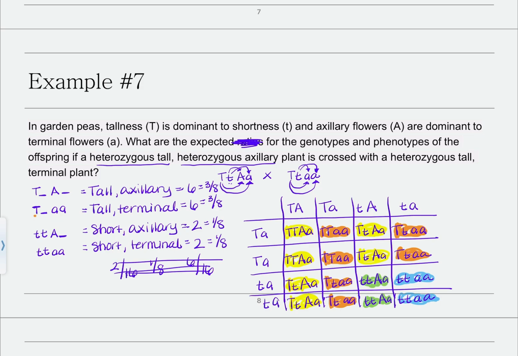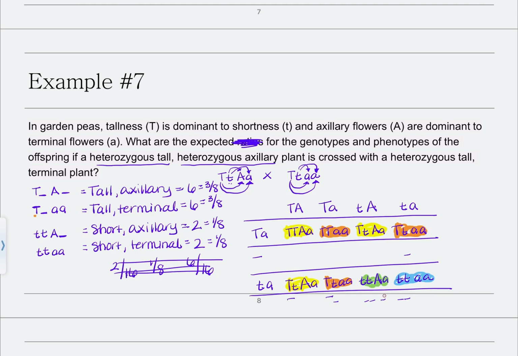Looking at the reduced fractions, if I went back in and said, hey, this is the same as that, let's just erase it. This one is the same as this one, let's just erase it. This would give us the reduced ratios that we just saw here. So if we look at tall and axillary, which we made yellow, we have 3 out of 8.